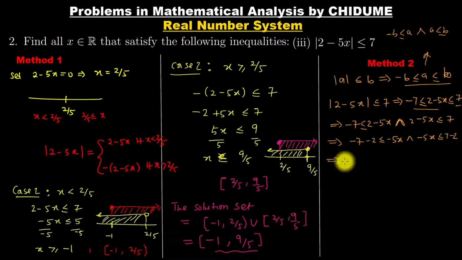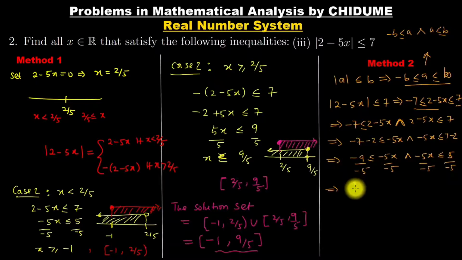So this implies that -9 is less or equals to -5x, and -5x is less or equals to 5. If I divide both sides by -5, don't forget that when you are dividing by a negative sign, your inequality has to be reversed.